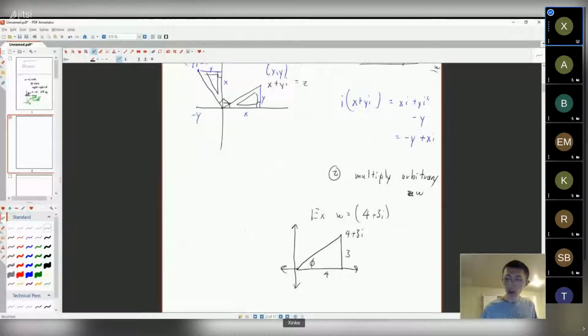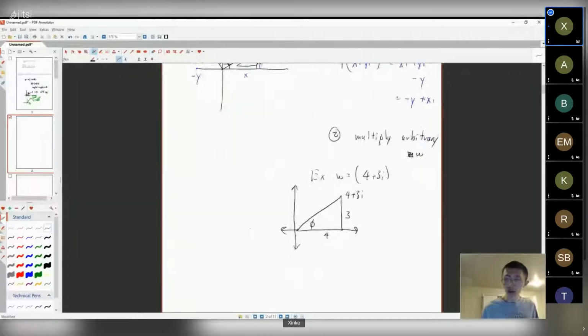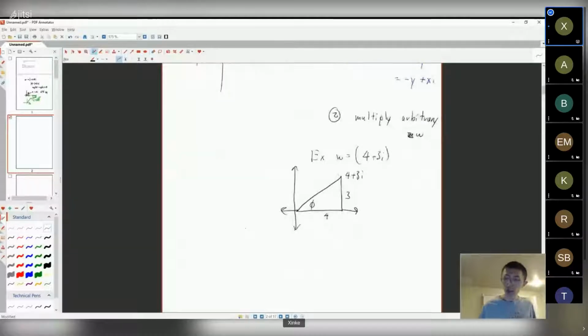And what we're going to do is use the following fact. Let's say we start off with an arbitrary complex number z. If I multiply z by 4 plus 3i, that's the same as taking 4 copies of z.